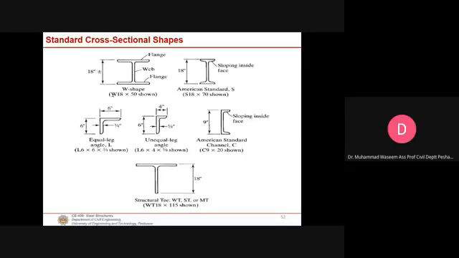There are some unequal angles like 6, 4, 5/8. 6 represents the depth, this leg, then this length, by the thickness.